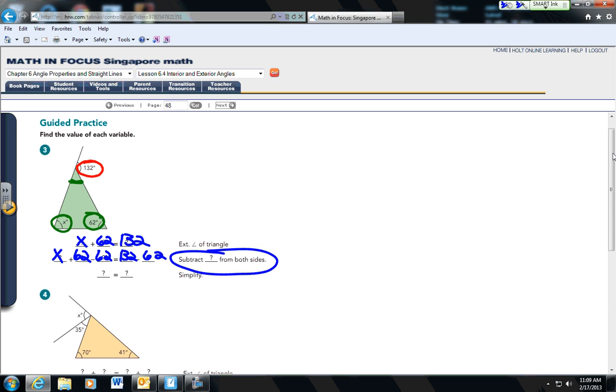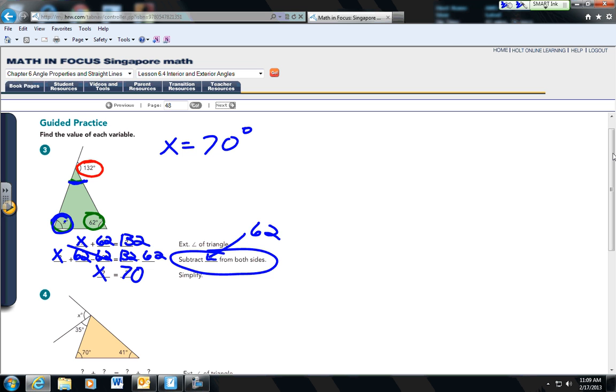These 62s cancel, and x will equal 70. They're not asking us what is that interior angle, they're asking us what is x, so x would have to equal 70. So that angle where x is located would be 70 degrees.